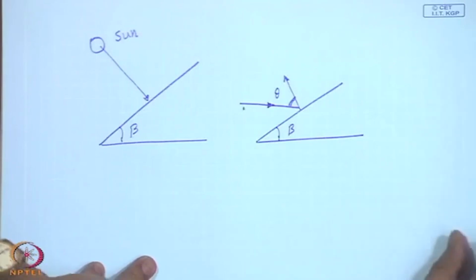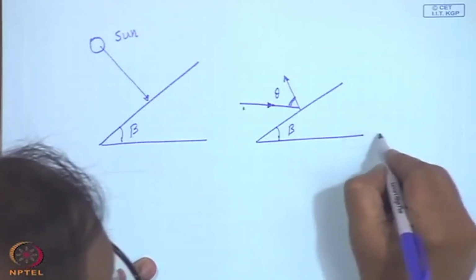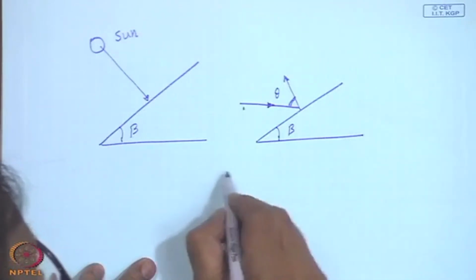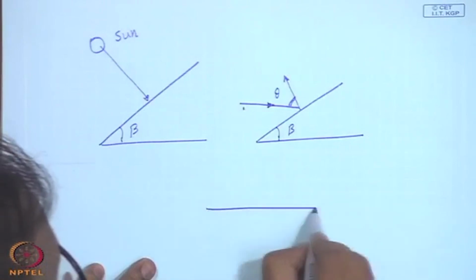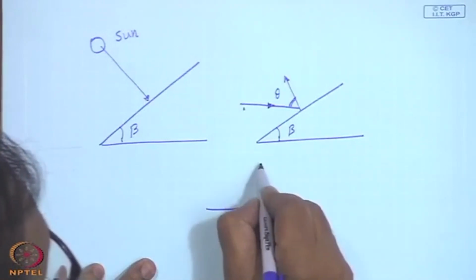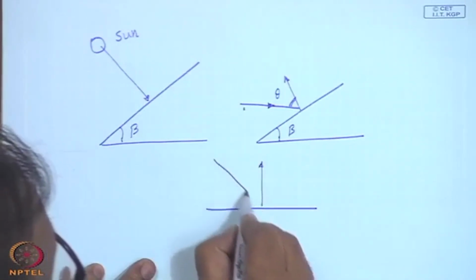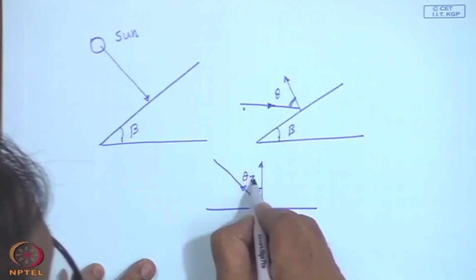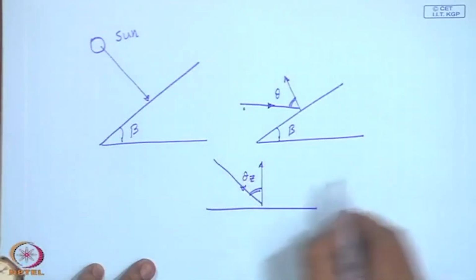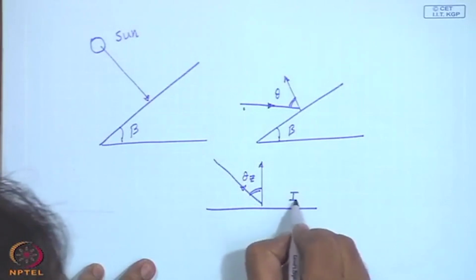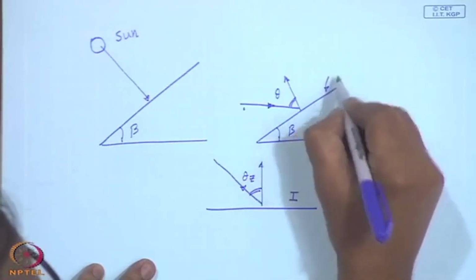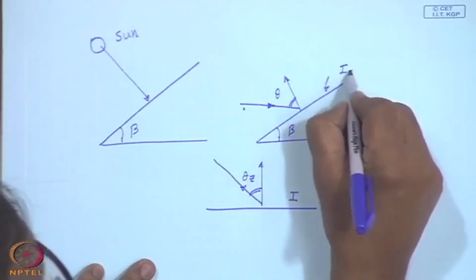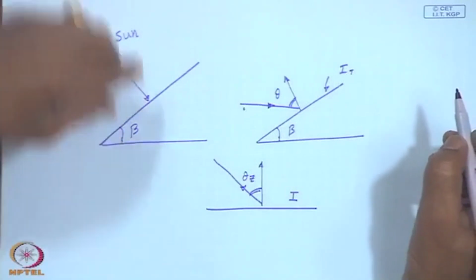Okay. So, what I have got is measurements on a horizontal surface with the sun's rays making an angle theta z. So, this is my I, this is my I on the tilted surface. Okay.